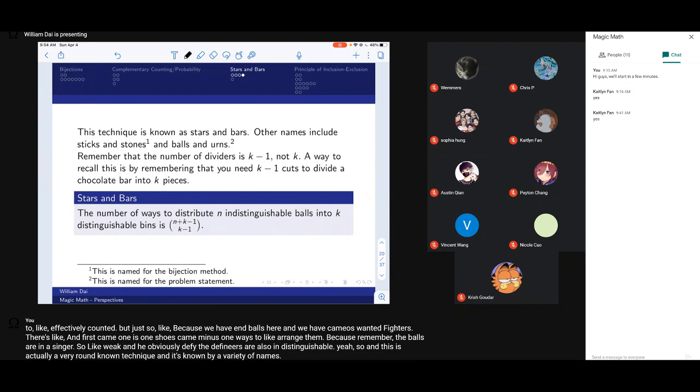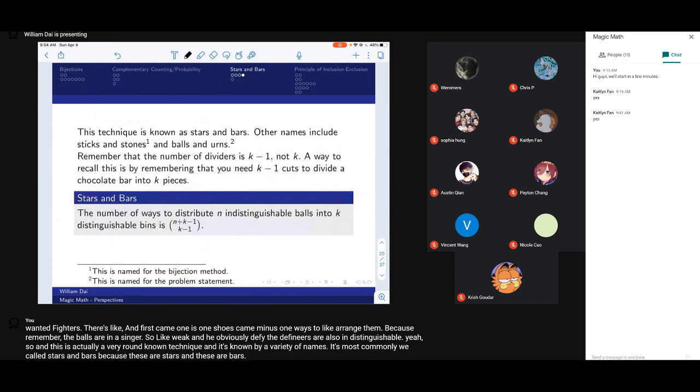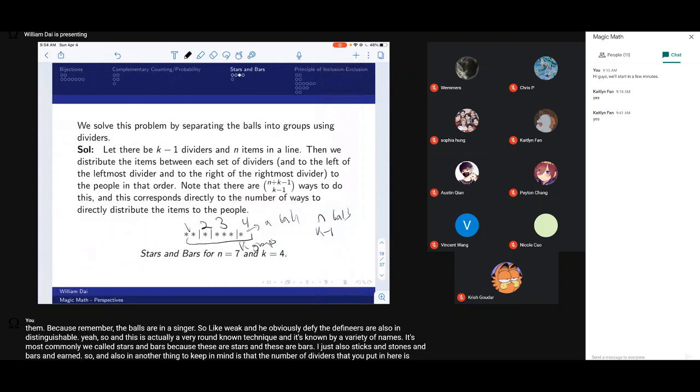It's most commonly called stars and bars because these are stars and these are bars. There's also sticks and stones and balls and urns. Another thing to keep in mind is that the number of dividers that you put in here is k minus 1, not k.